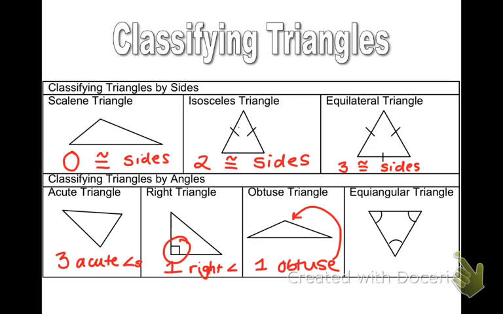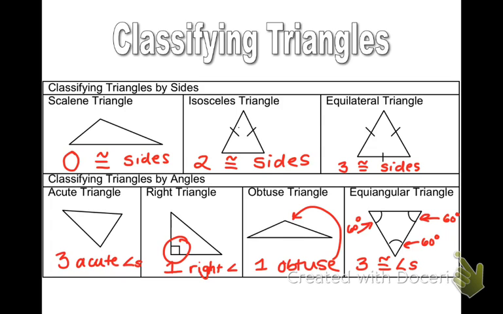There's no way to have 2 obtuse, right? Because then that would be more than 180 degrees. And if you have all 3 congruent angles, then we call it equiangular. If it's equiangular, then all of these angles would have to be 60 degrees, right? Because 60 plus 60 plus 60 makes 180 degrees.